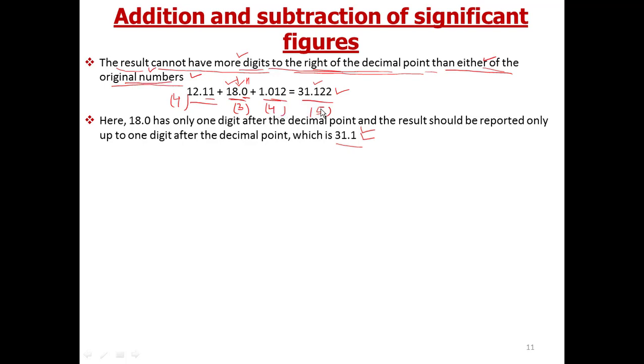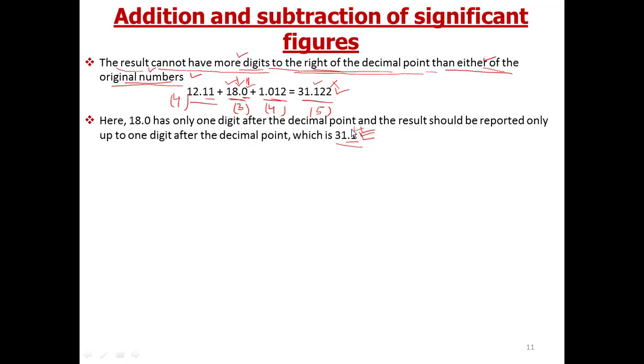In order to determine the number of places after the decimal point in the result, we have to choose the number which has the fewest digits after the decimal point. As this number had only 1 digit after the decimal point, the result should also have only 1 digit after the decimal point. So this was not the correct result. This is the correct result of this addition.